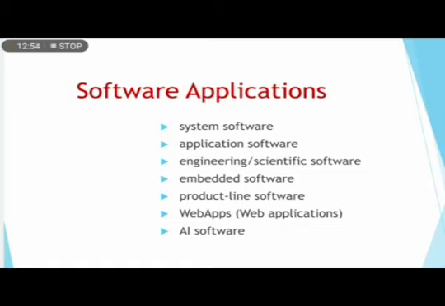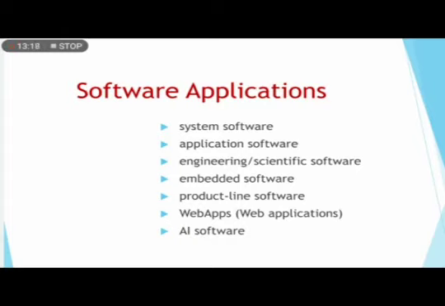However, modern applications within the engineering or scientific areas are moving away from conventional numerical algorithms. Computer aided design, system simulation, and other interactive applications have begun to take on real time and even system software characteristics. So these are some engineering and scientific software.